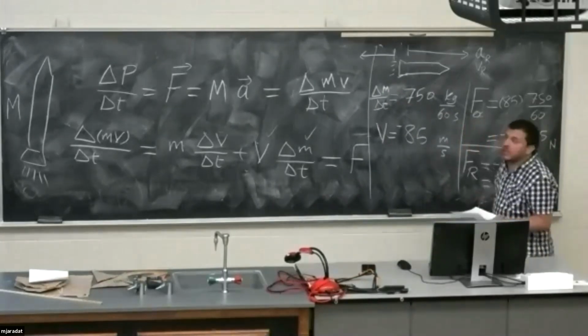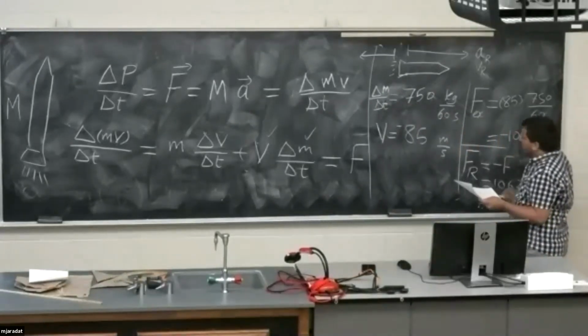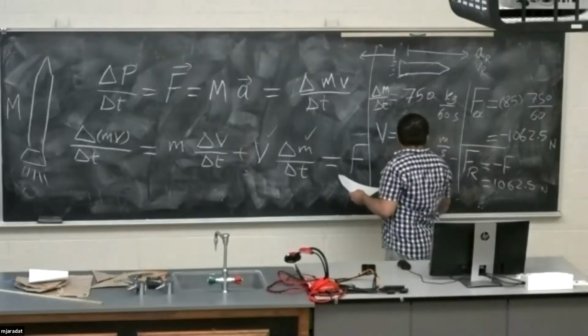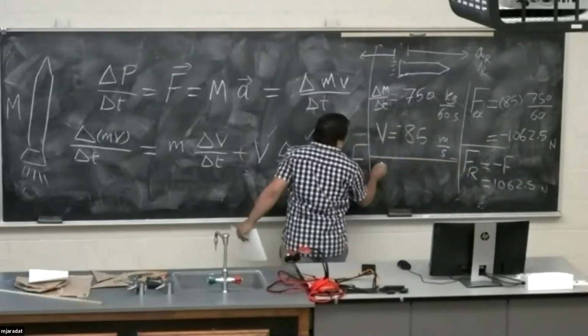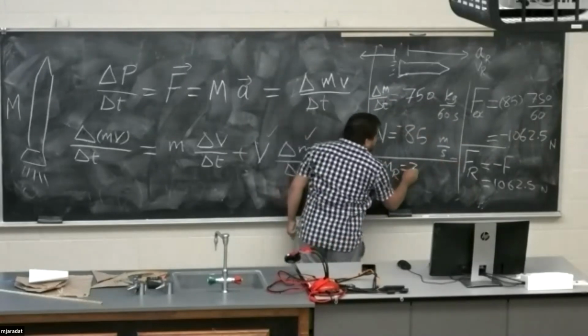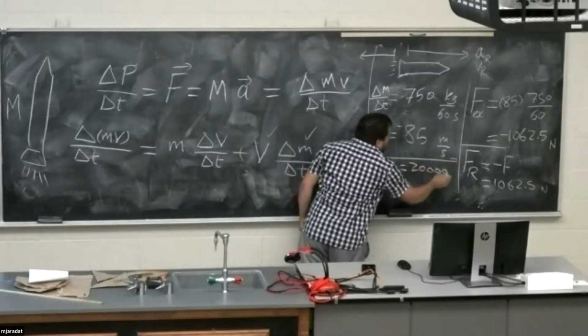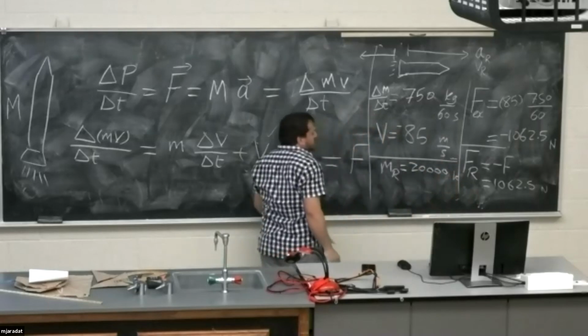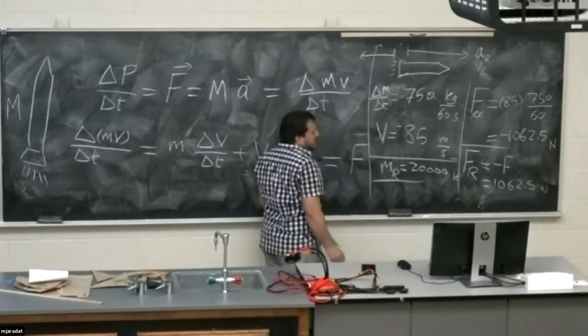If I give you the mass of the rocket, if the mass of the rocket, mr, equal to 20,000 kilograms, 20 tons, what is the acceleration?